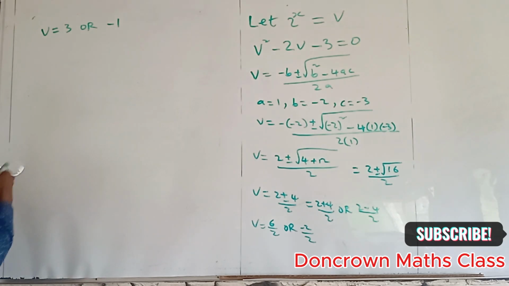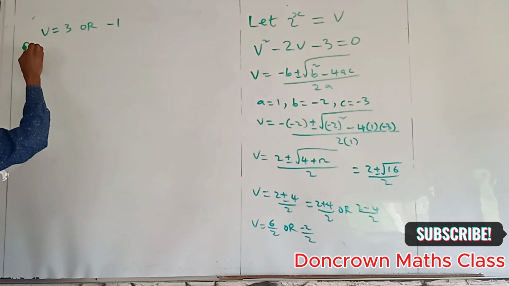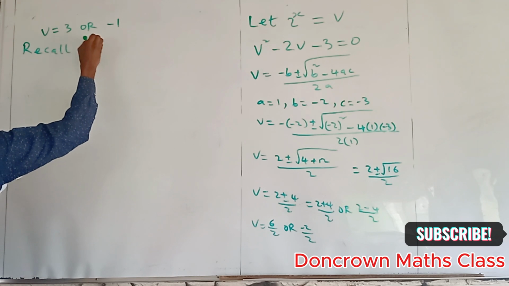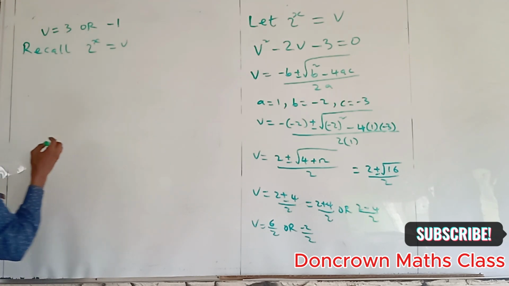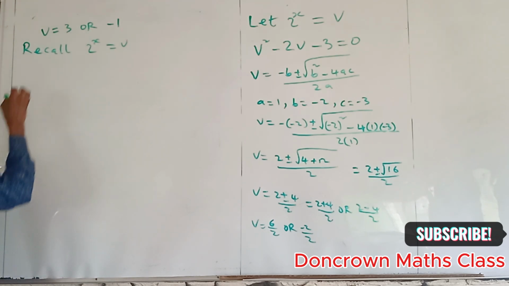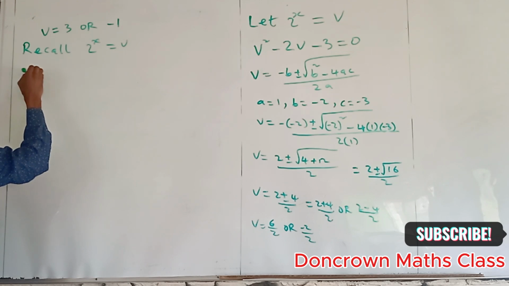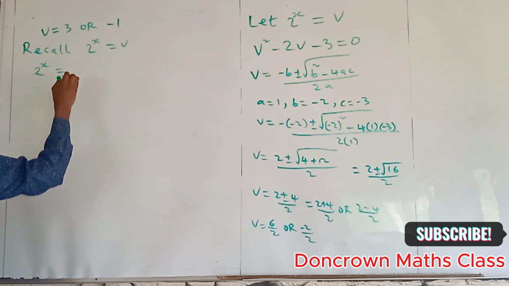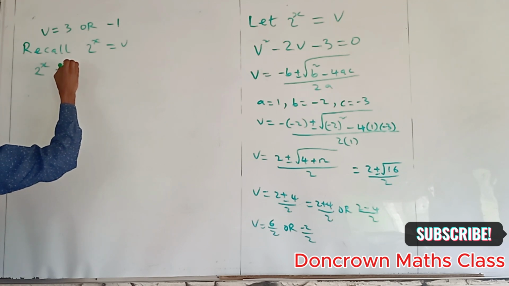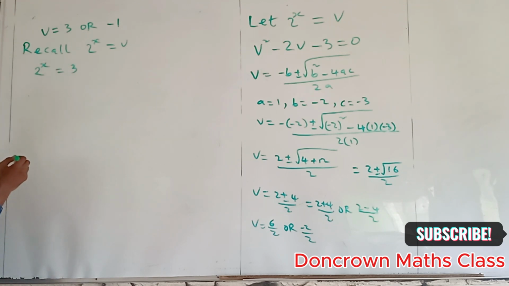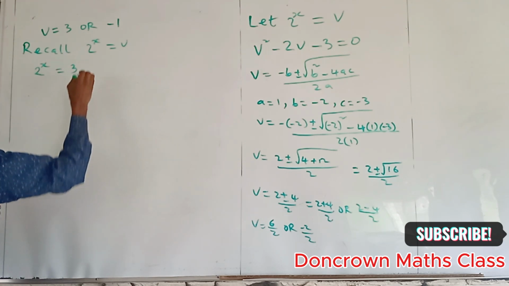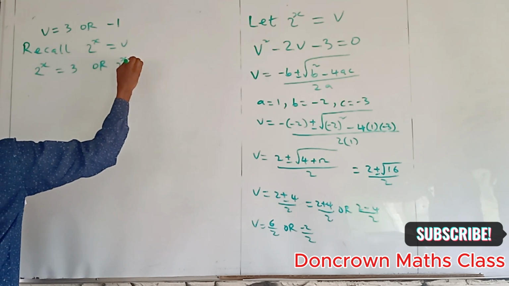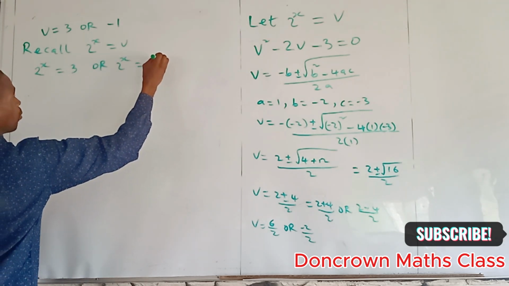So we recall 2 raised to power x is equals to v. So now we say 2 raised to power x is equals to 3. You get that now? Or 2 raised to power x equals to minus 1.